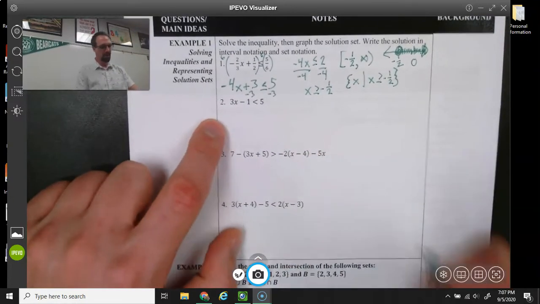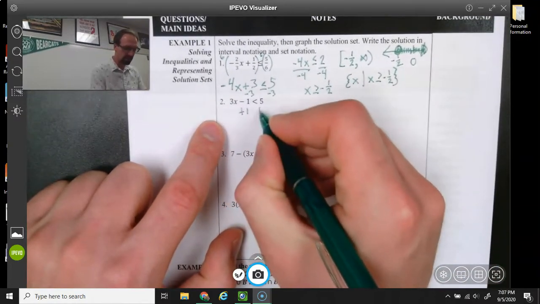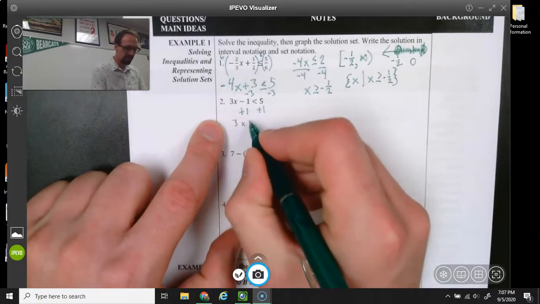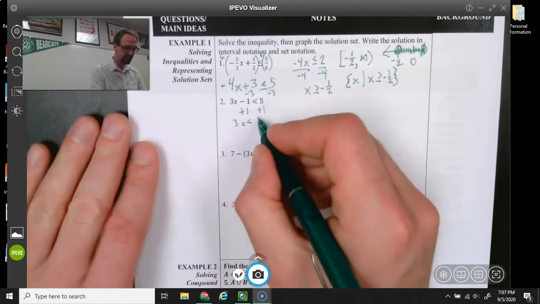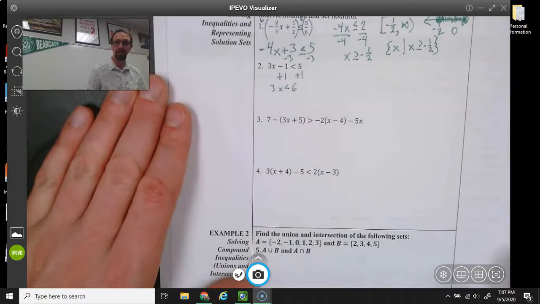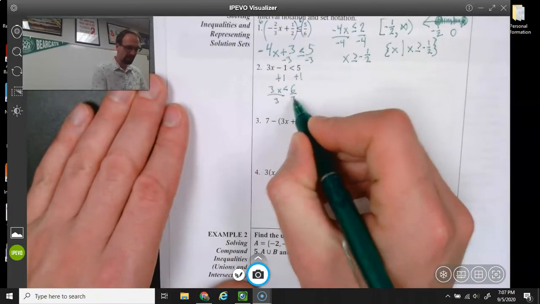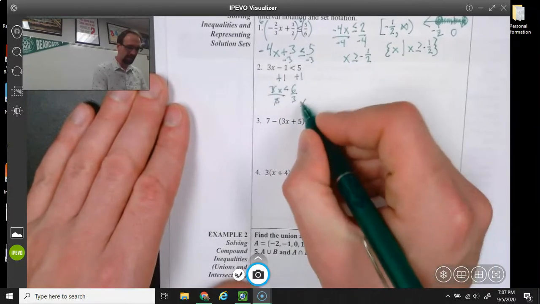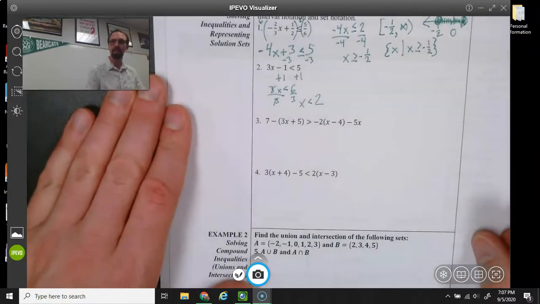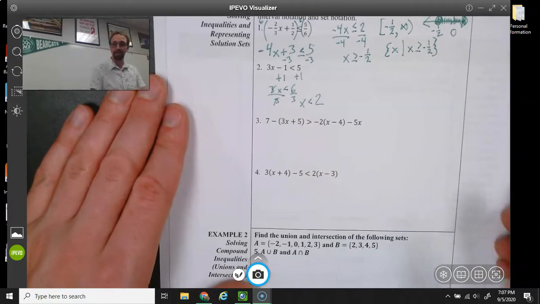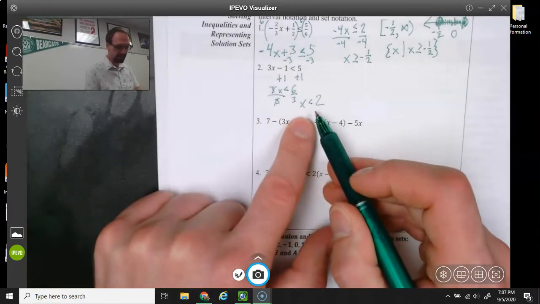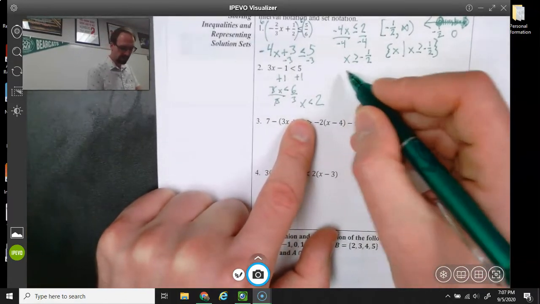Number 2, let's add 1 on both sides. So we're left with 3x is less than 6. And so now if we divide by 3 on both sides, we get x is less than 2. So with this, we have x is less than 2. Set notation.